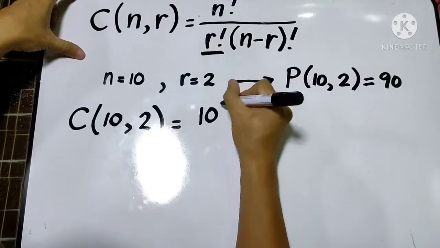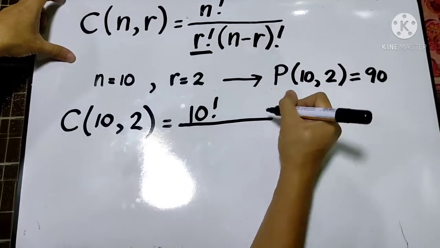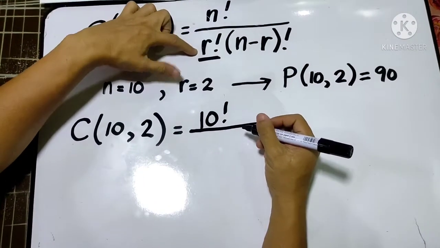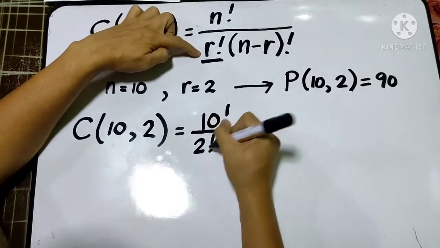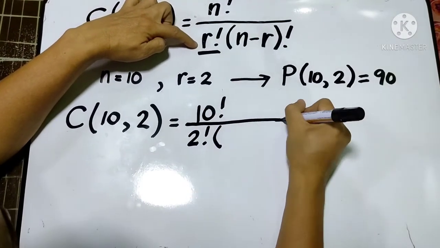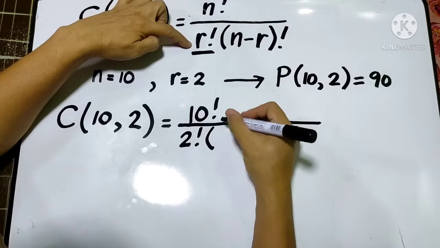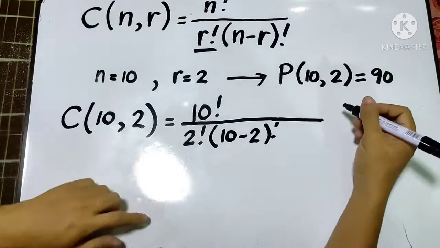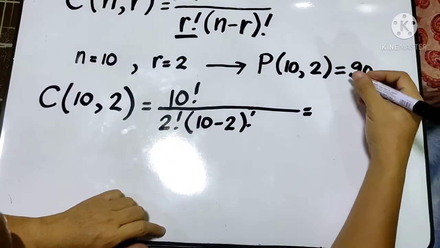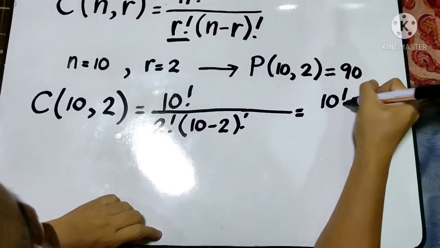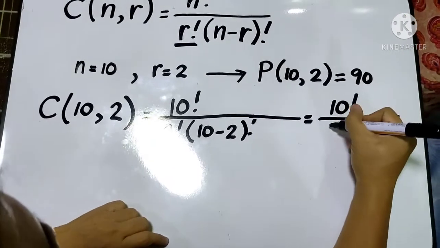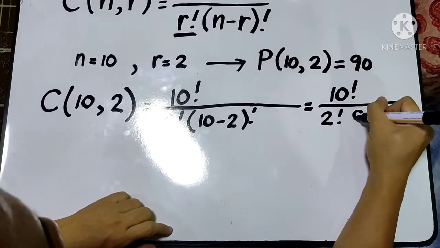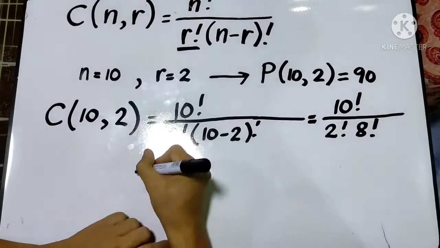So that is 10 factorial over r will be replaced by 2, 2 factorial, quantity n will be 10 minus 2 factorial. Now you simplify it further. This becomes 10 factorial over 2 factorial, 8 factorial.